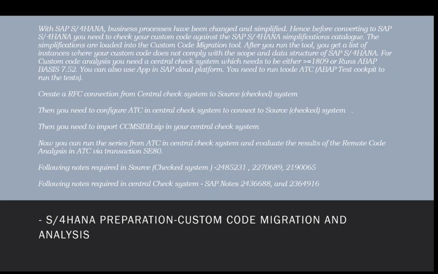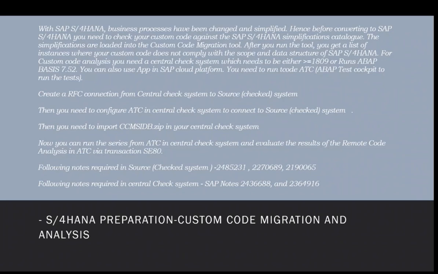So if your system is already running on a higher version, that is, on EHP 7 or EHP 8, then you can run your ATC checks on that system only. Otherwise, you have to find another system in the landscape which is on NetWeaver 7.52 and above, start the ATC checks there, and prepare a connection between that system and your existing ERP system.